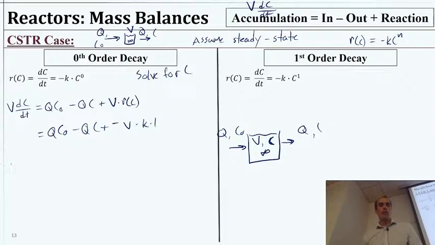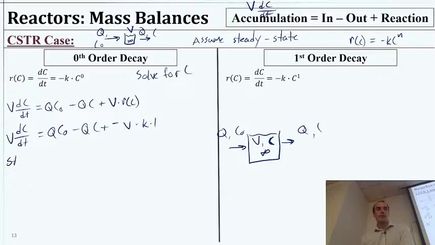All right, so now we will say at steady state, well, let me just take a moment to say, if we kept this at V dC dt, you can see we have some sort of integration coming. We'll have to separate C and do a little bit of calculus, and in a 0 order, it should turn out to be quite simple. But it's even more simple if we're at steady state.